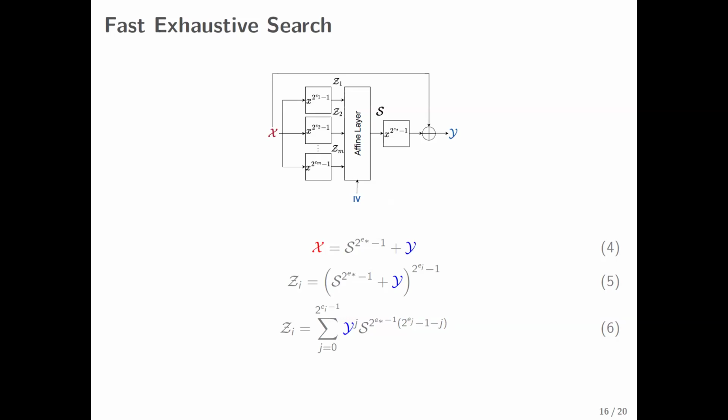We can just call the state after the affine layer S. Then we can write the input as a sum of the power of S plus the output. And also we can describe the state after each S-box, again with the variable S and the output. And then just expand it, and we have some terms that describe each S-box using the output and the variable after the affine layer.